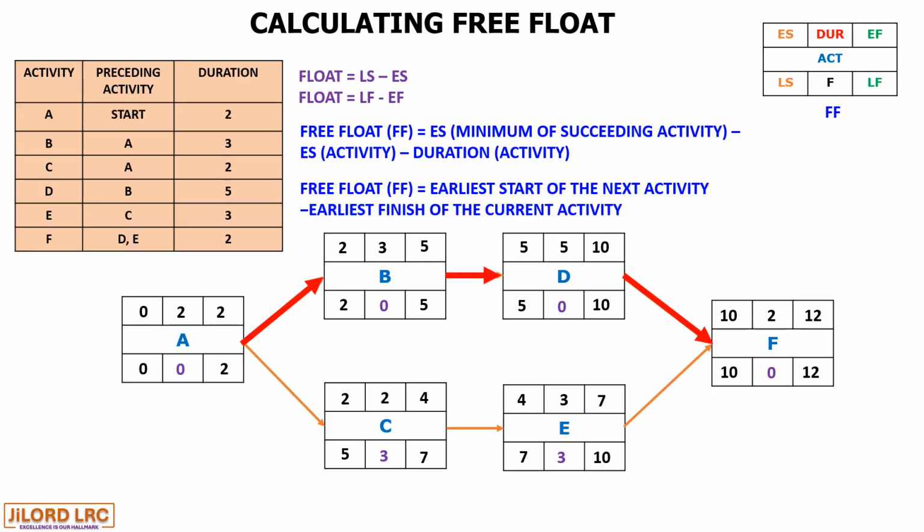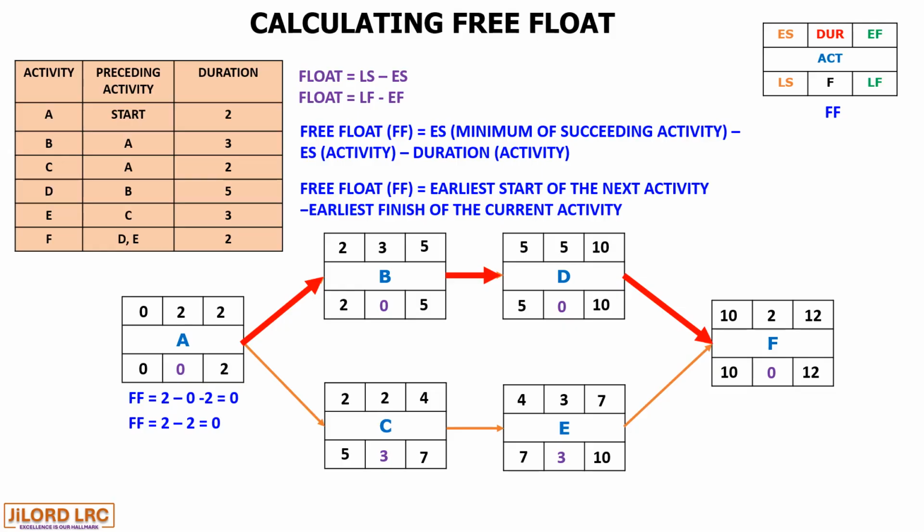So let's commence the calculation. Using the first formula, we have 2, which is the early start of B or C, minus 0, which is the early start of A, minus the duration, giving us 0. And the second formula also says the early start of the next activity, which is 2 for B, minus the early finish, 2 for A, and that gives us 0.